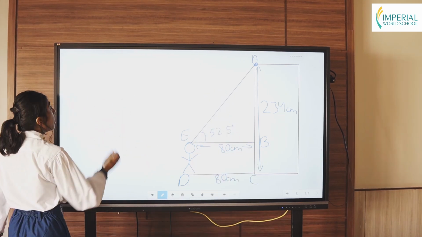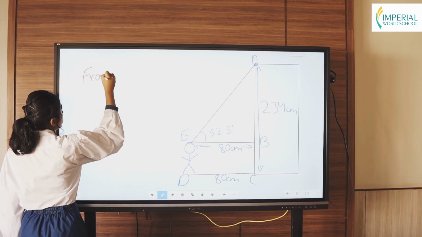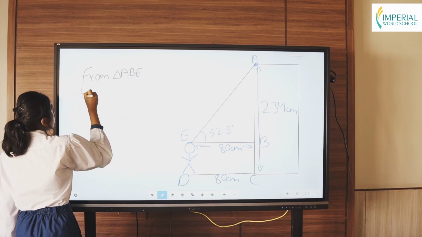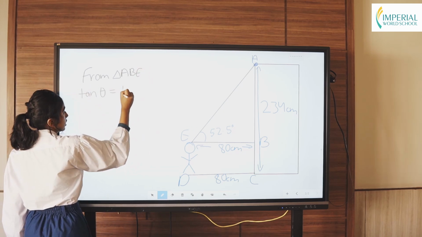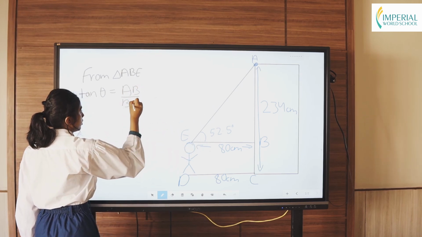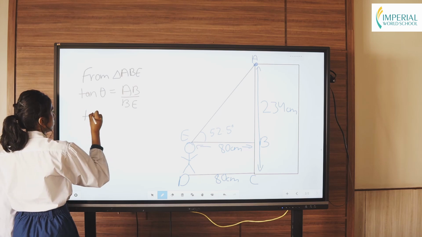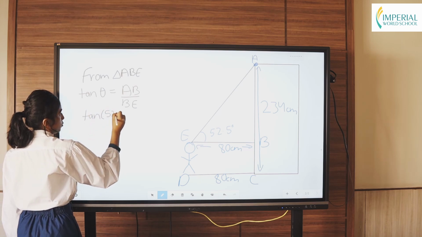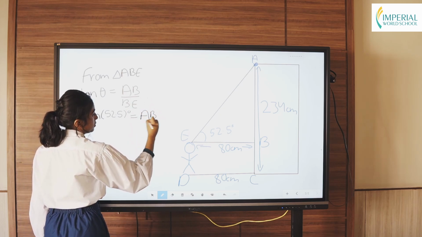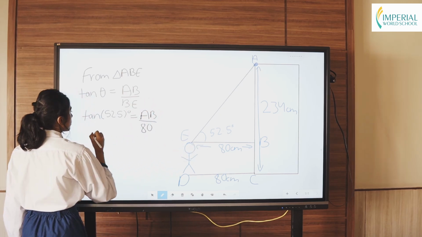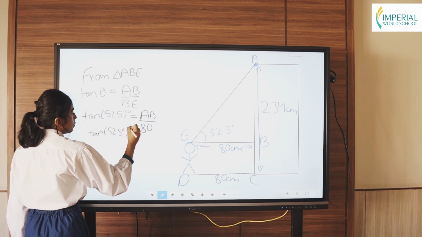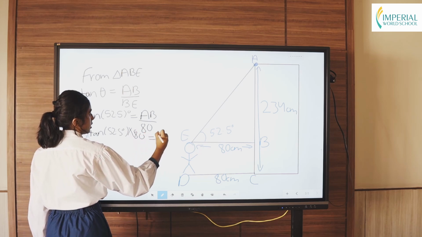So to find AB, I can do from triangle ABE, tan theta equals AB by BE. We already know that theta is approximately 52.5 degrees. AB, which we need to find, and BE, which is 80 centimeters. And then we can do tan 52.5 degrees multiplied by 80, which is AB.